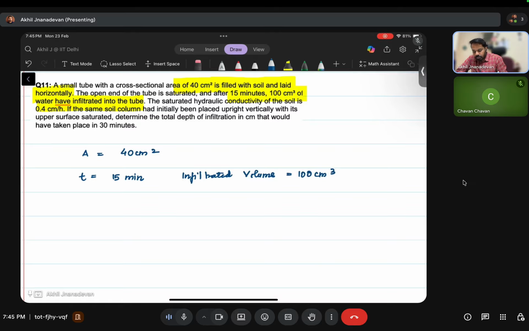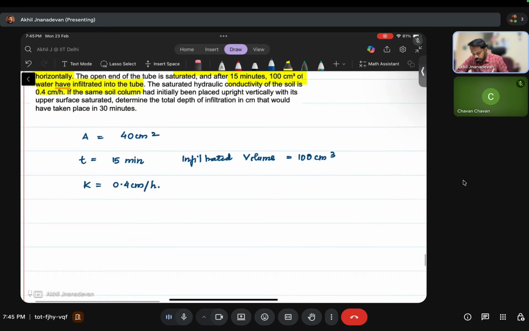The hydraulic conductivity, capital K, is 0.4 centimeter per hour. And if the same soil column is initially placed upright vertically, with its upper surface saturated, determine the total depth of infiltration after t equal to 30 minutes.